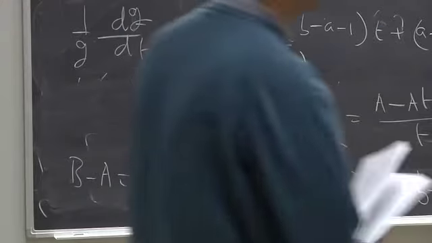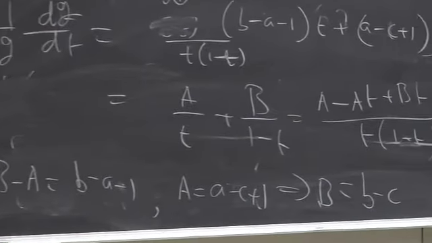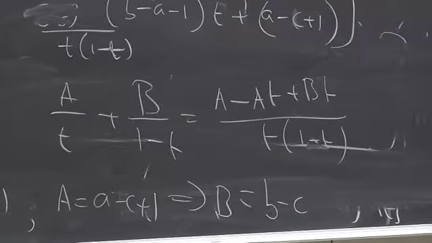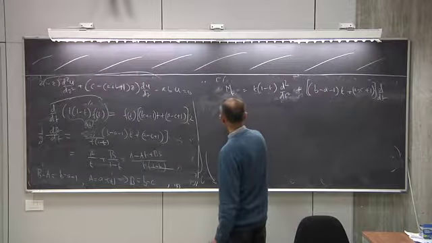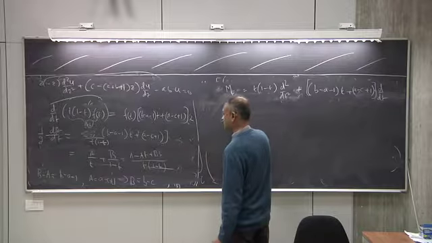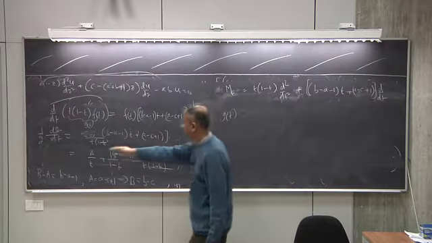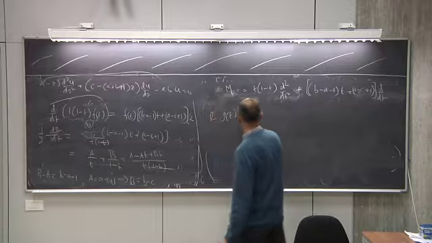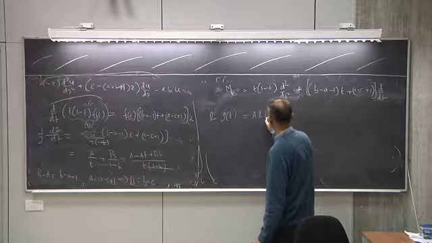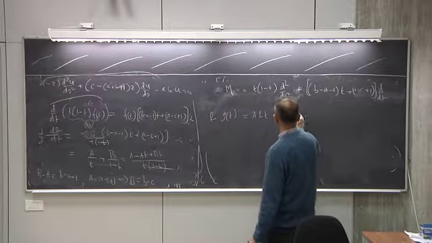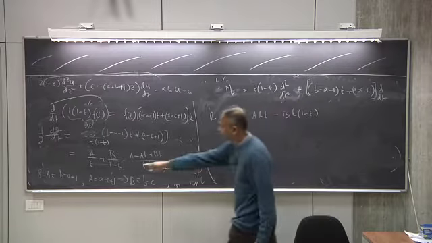And now I can integrate. So log of G of t is A log t minus B log of 1 minus t, minus because I put here minus t.